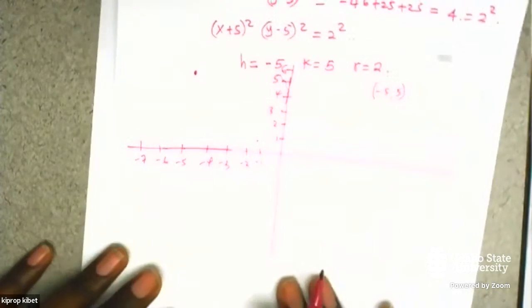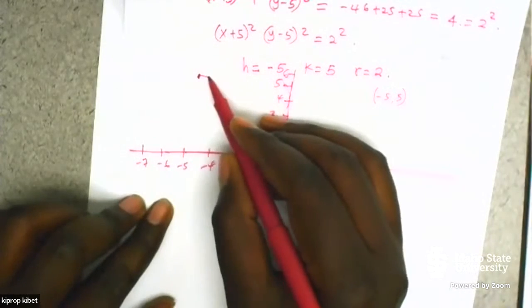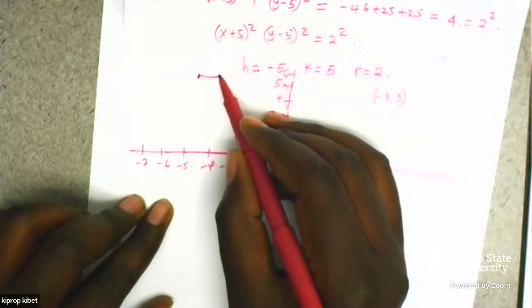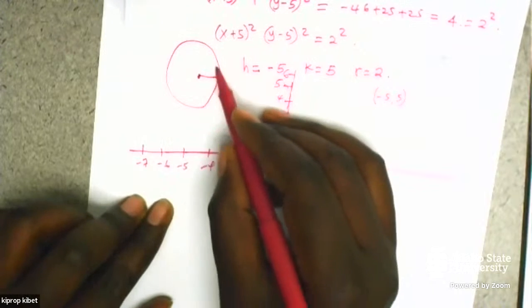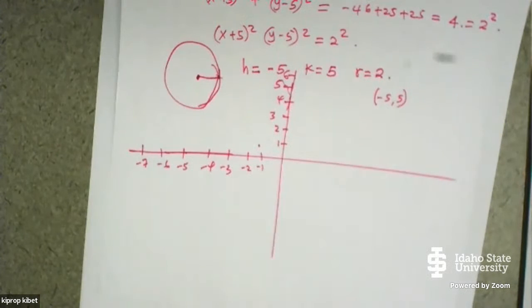The radius is 2, so the radius is coming up to 3 there. And then you draw the circle. The radius is the same all around. So that is how to write that.